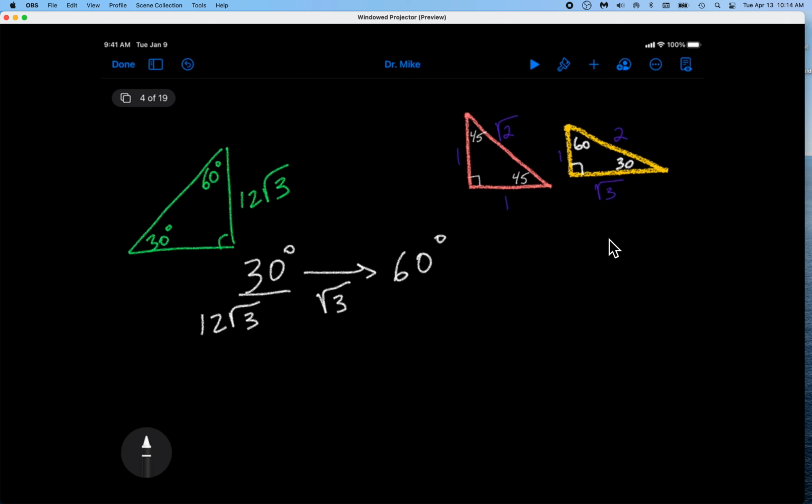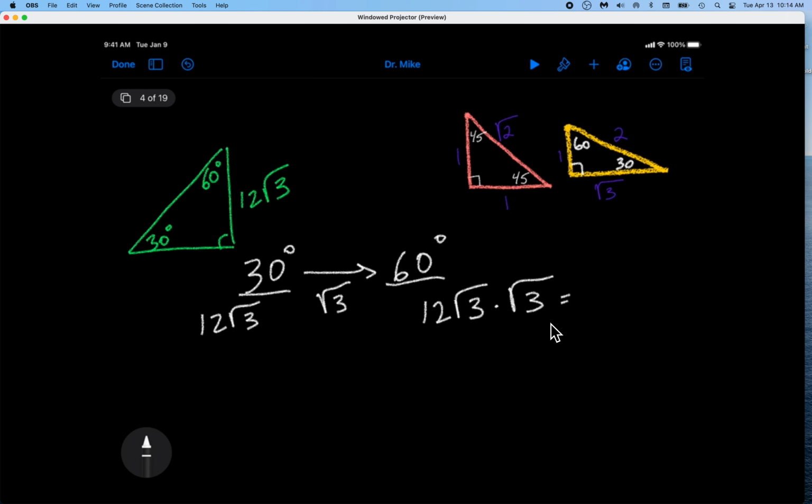So we ask ourselves, as we're moving from the side opposite the 30 to the side opposite the 60, are we going to get bigger or smaller? The answer is we're going to get bigger. Therefore, we multiply by the conversion factor.